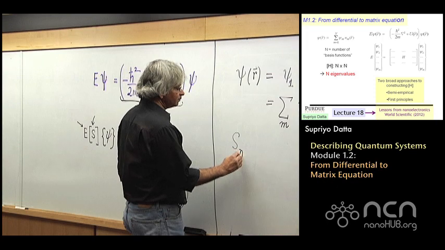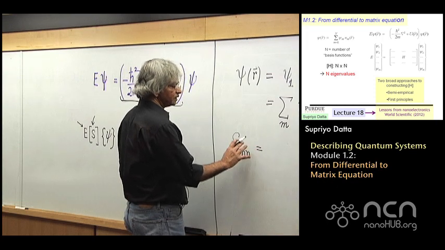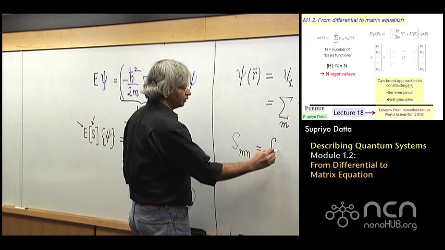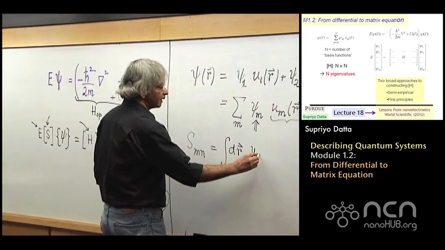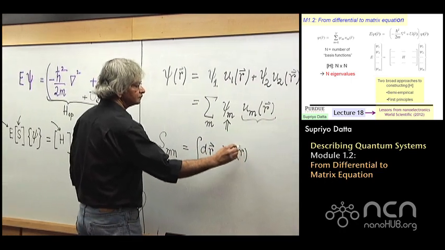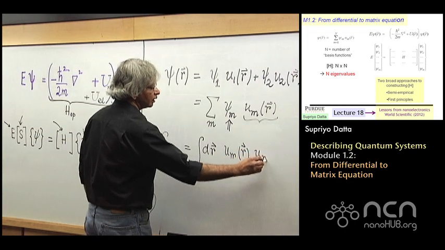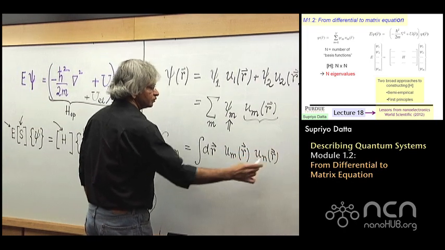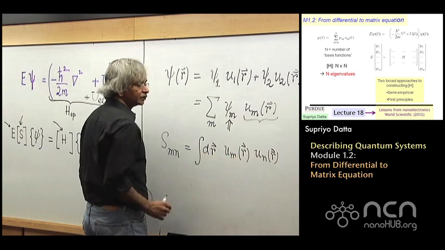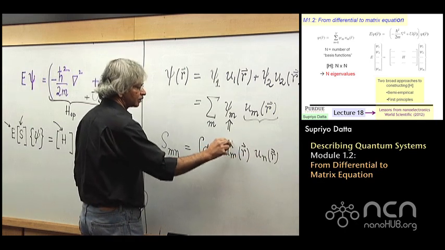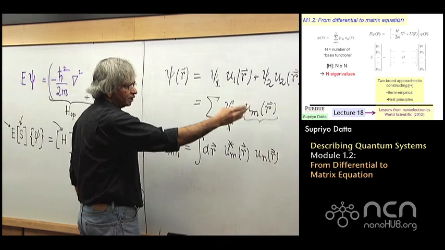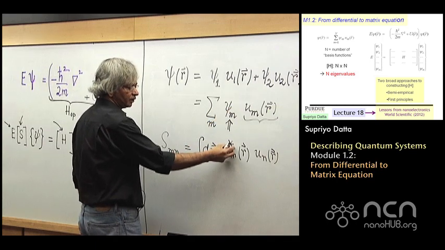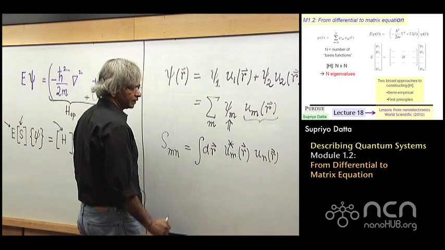The mn element of that matrix is obtained by doing the following integral. dr um r times un r. So these are the basis functions. Actually, to be precise, you should take the complex conjugate of that one. Of course, if you're using real basis functions, you do not need to worry about that. But in general, that should be there.